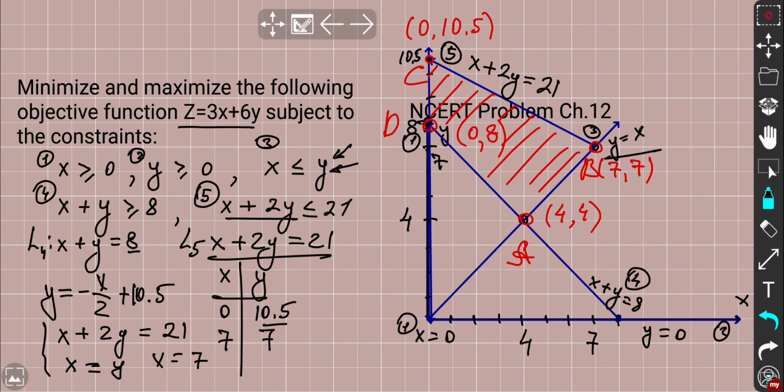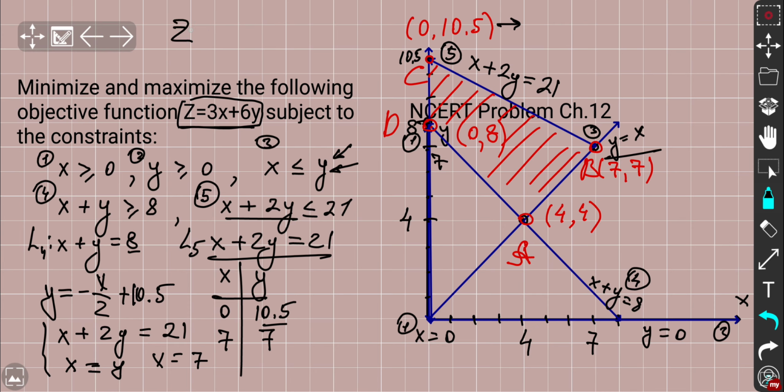We are going to create the list of z by plugging in the points. If I plug 0 and 10.5 into the z value, let's see what I've got. I'm going to use my z function as the objective one. So one more time, z equals 3x plus 6y here.